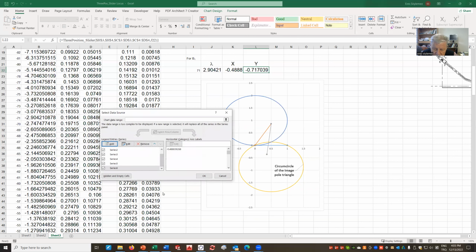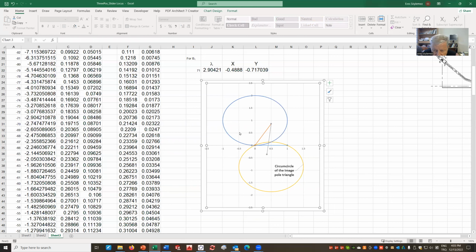Okay, click OK. This is series 6. It is 0.4888, 0.717. Y value 0.717 minus minus. Okay. Oh, I did it wrong.